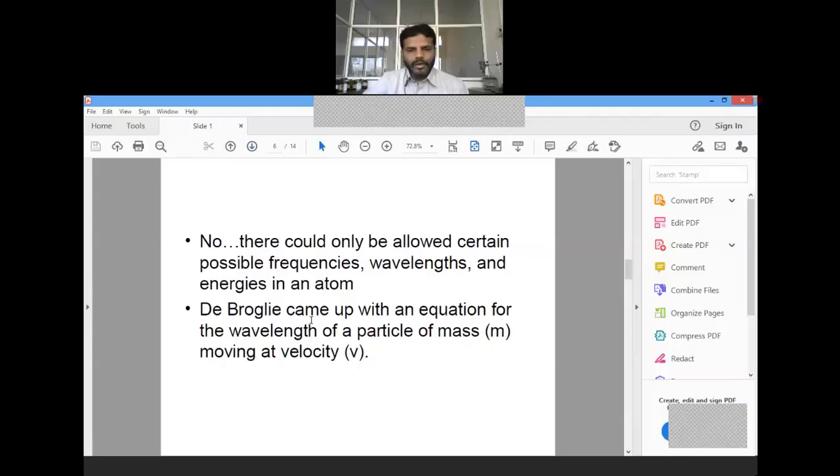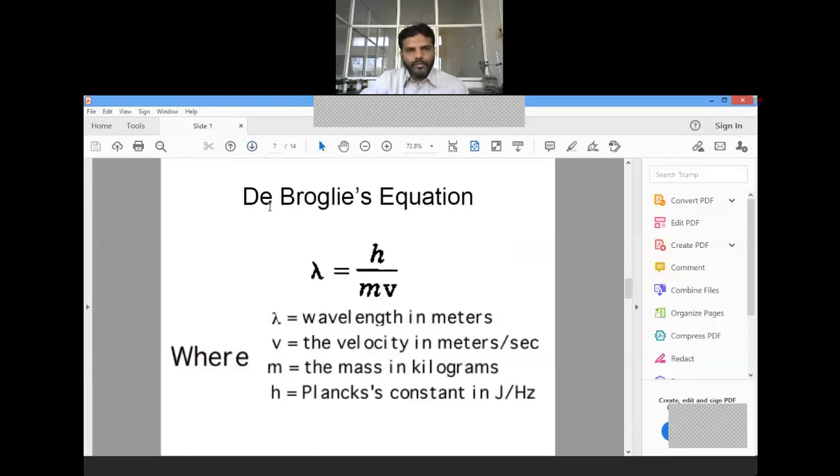So de Broglie came to the concept that when the electron has some mass and is moving with some velocity from one place to another around the nucleus, he proposed an equation.